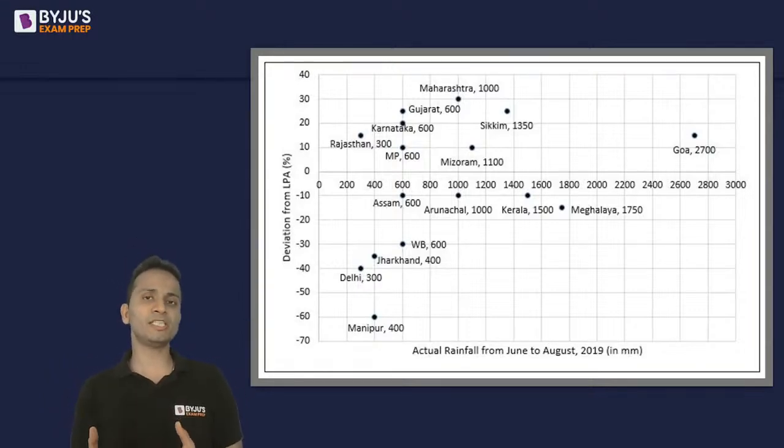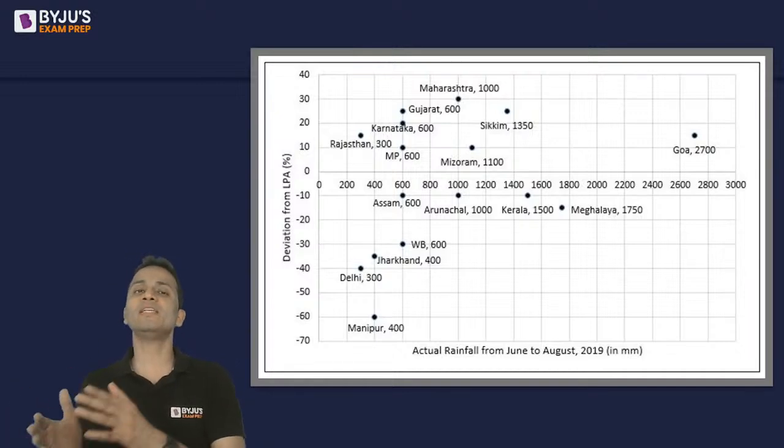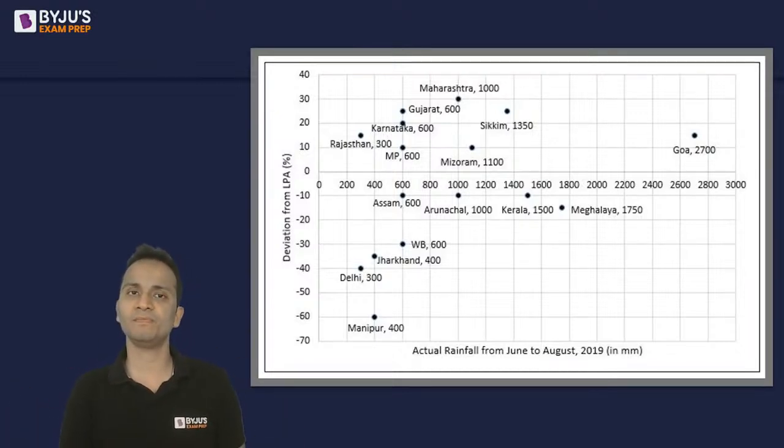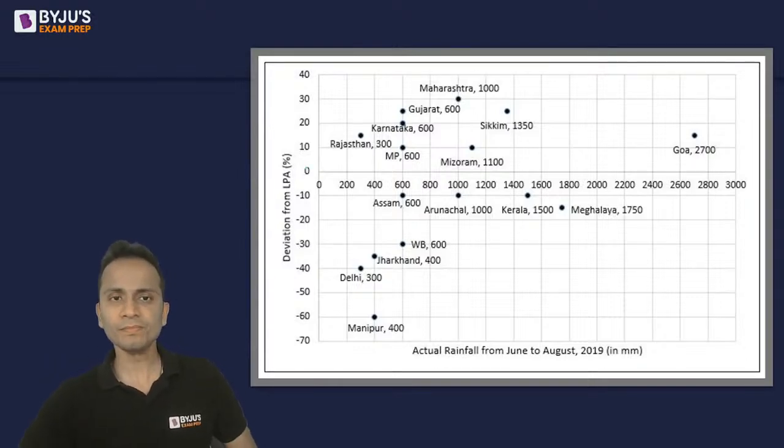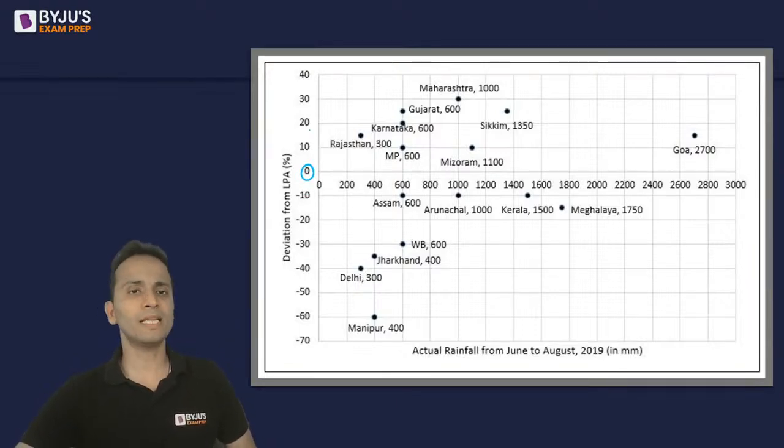There may be some states in which the rainfall of 2019 is equal to the LPA of 2018. In those cases, the deviation will be 0. All right. Now this is 0. Below that, minus 10, minus 20, minus 30, minus 40, and so on. And above that, plus 10, plus 20, plus 30, plus 40 in terms of percentages.